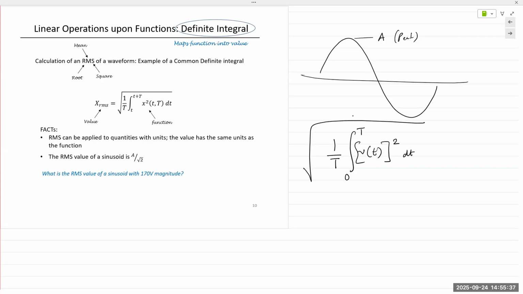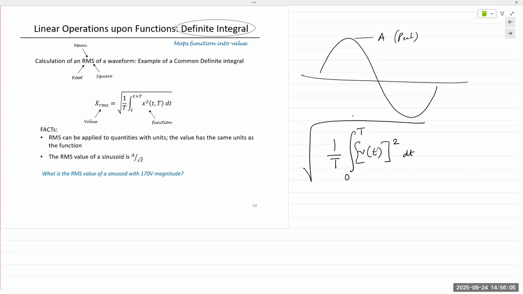It comes from the fact that this value is the square root of the mean of the squared waveform. And RMS is a quantity in its own right.